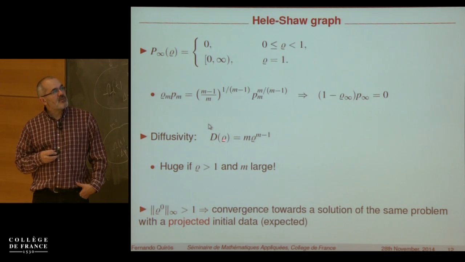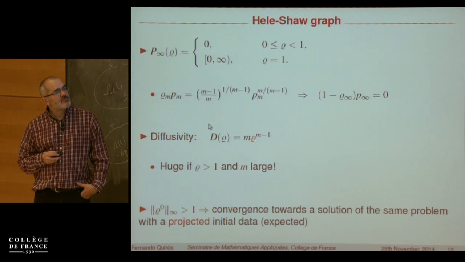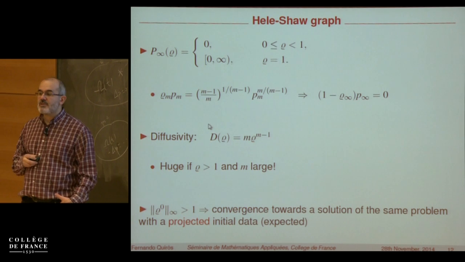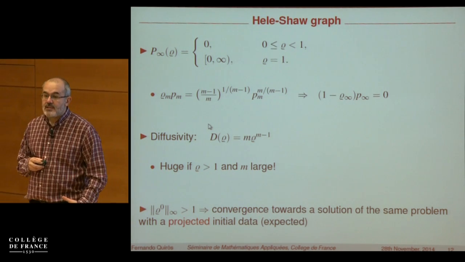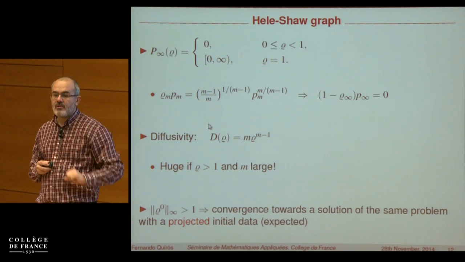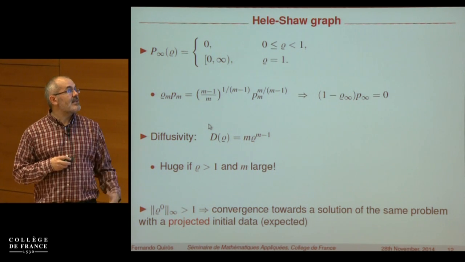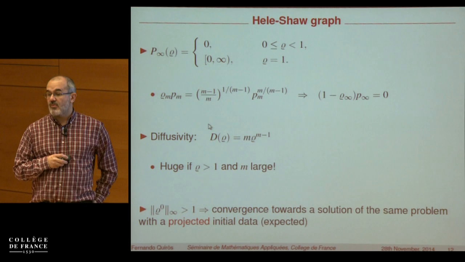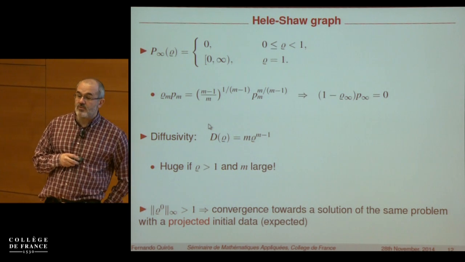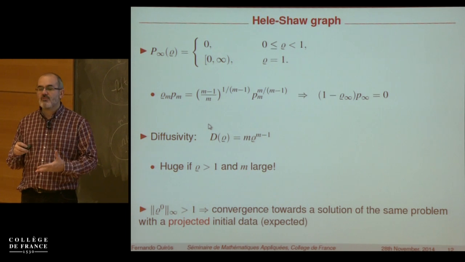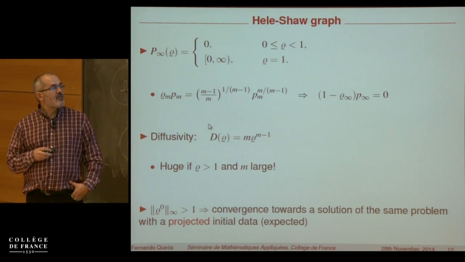So let me explain the funny things that happen for this model. The diffusivity before passing to the limit is given by m times rho to the m minus 1. So if rho is above 1, the diffusivity becomes huge, and that's why things collapse below the level 1. While if rho is below 1, the diffusivity becomes very small, and things do not move. So things will only move when rho is equal to 1, at the border of this region.